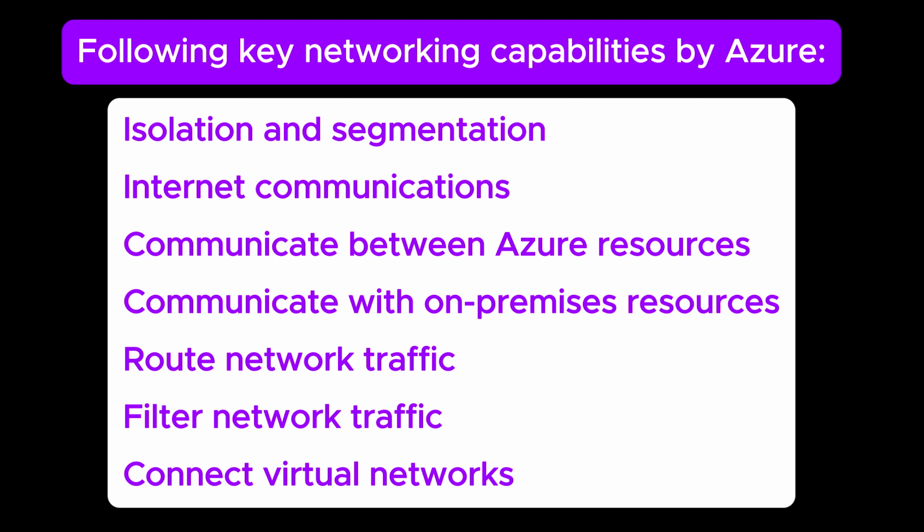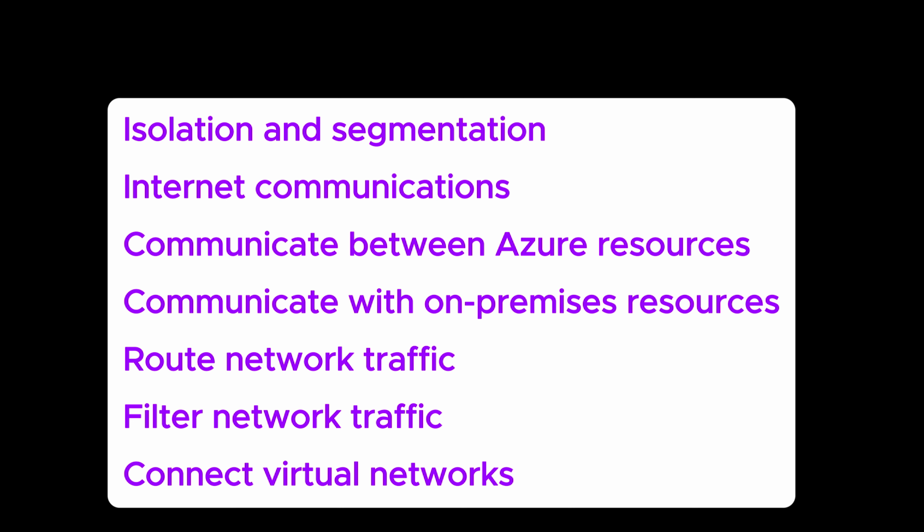What is isolation and segmentation? Azure Virtual Network allows you to create multiple isolated virtual networks, where you can have more than one network. Each network has a number of resources according to your requirements. When you set up a virtual network, you define a private IP address space by using either public or private address ranges.